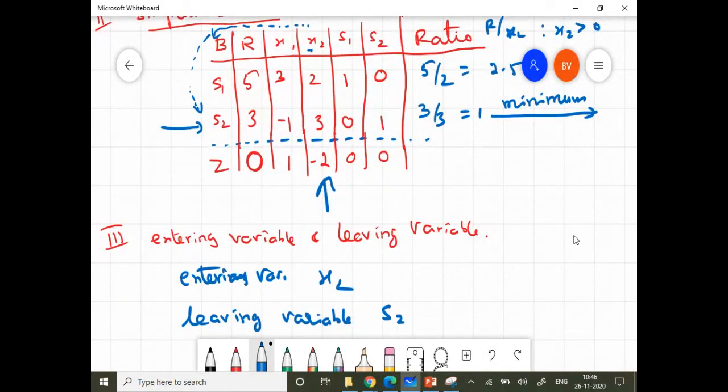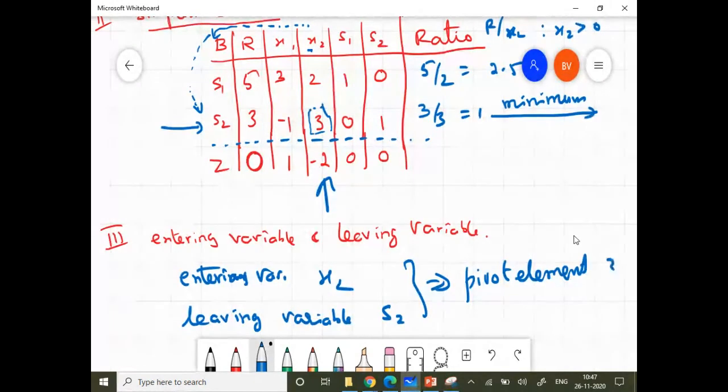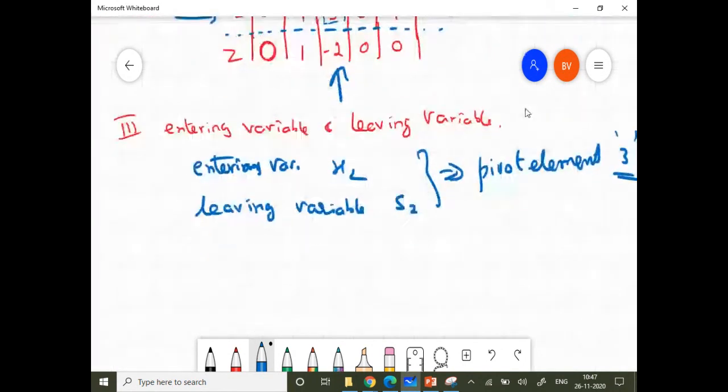And what is the pivot element, the key element? These two will give you the element at the intersection. This is the key column, this is the key row, and this element at the intersecting point is the key element. The pivot element is 3. This is our leading element, and the reduction method starts next.